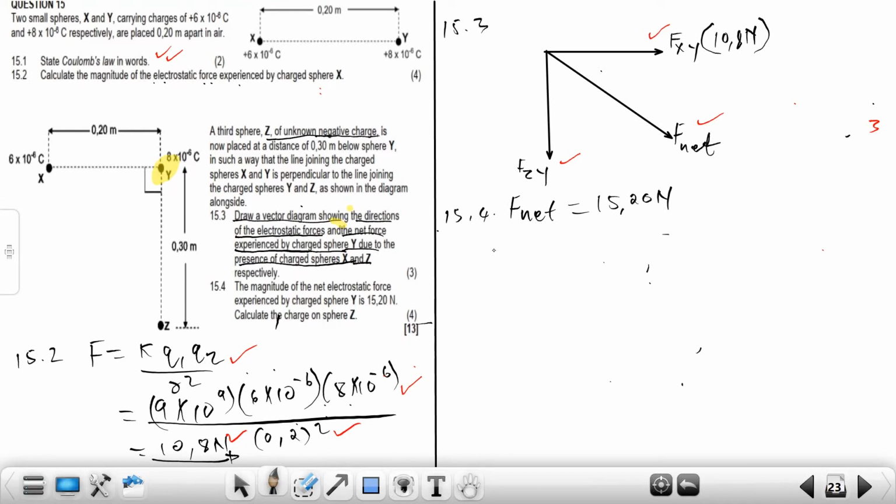So I'm going to say F net squared is equal to F of XY squared plus F of ZY squared. So this is just the application of the Pythagoras Theorem.